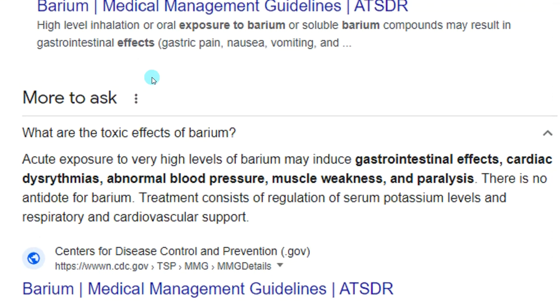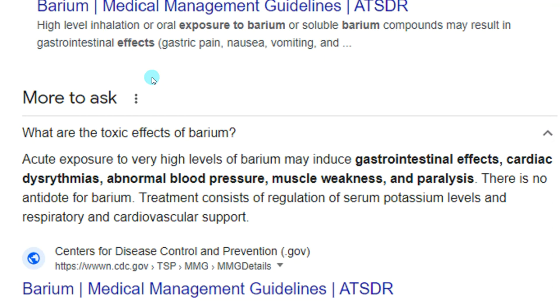Effects of barium salts or lead. Acute exposure to a very high level of barium may induce gastrointestinal effects. It will damage your intestines.